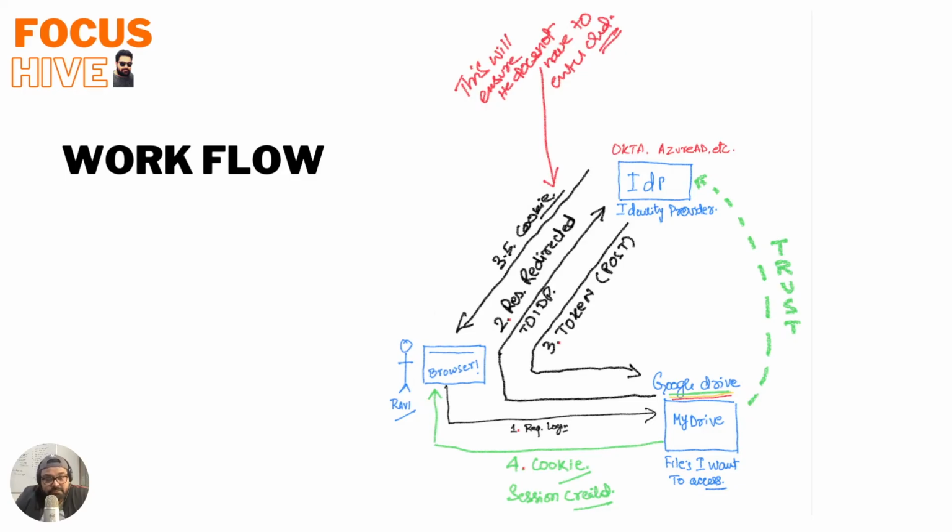So then your Google Drive will send the request via the browser. So it's a redirect request. The response to your login request will be sent back to your browser and redirected to the IDP. So just visualize this. You asked Google, give my file.